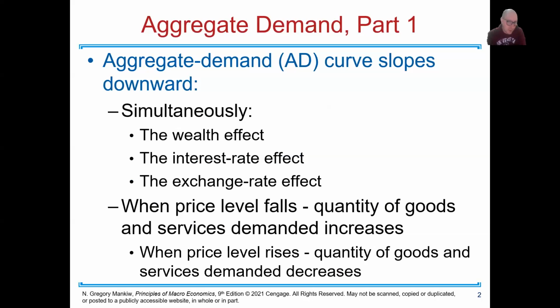So as we discussed in the prior chapter, when it comes to aggregate demand, of course, the slope of the curve is down and to the right. It is important to understand that the wealth effect, interest rate, and exchange rate effects all happen at the same time and have an impact on demand.